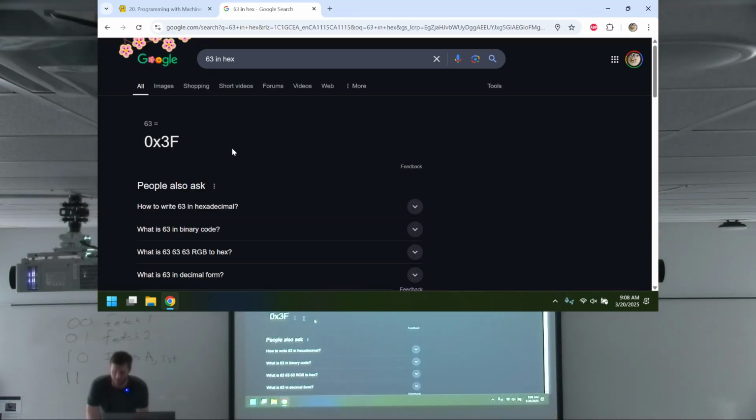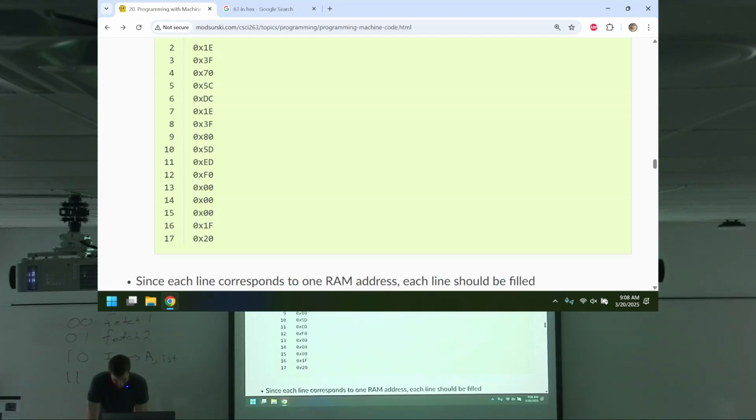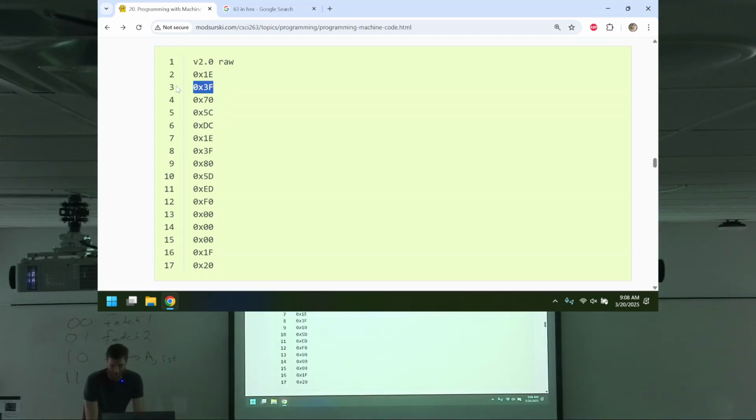Because 64 would be 40 here. Which, interestingly enough, we talked about last time: the bit pattern for the number 63 and the bit pattern for the instruction load into register B from RAM address 15 is the same bit pattern, which is amusing.